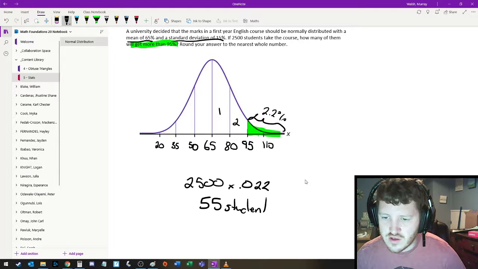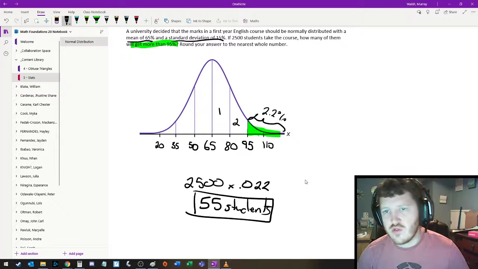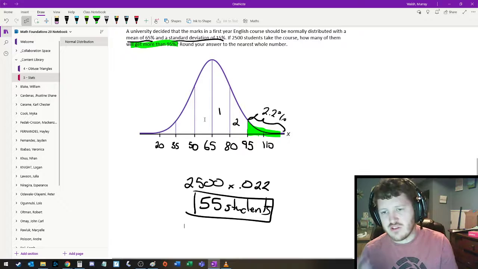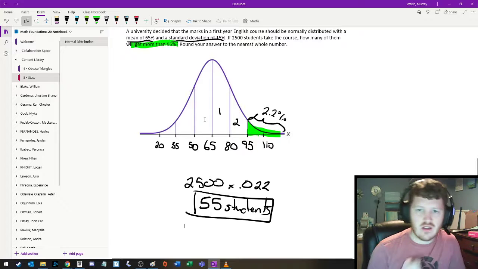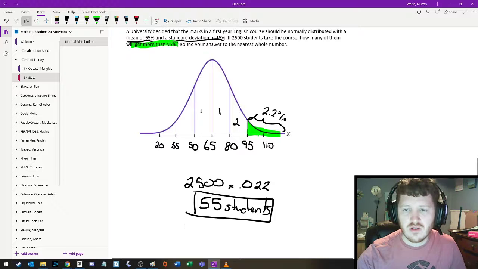So the school can expect, given their parameters, 55 of the 2,500 students will score higher than 95% on this test. That provides some connection between the standard deviation we learned to calculate and why it's so important given the common findings of this normal distribution of data.